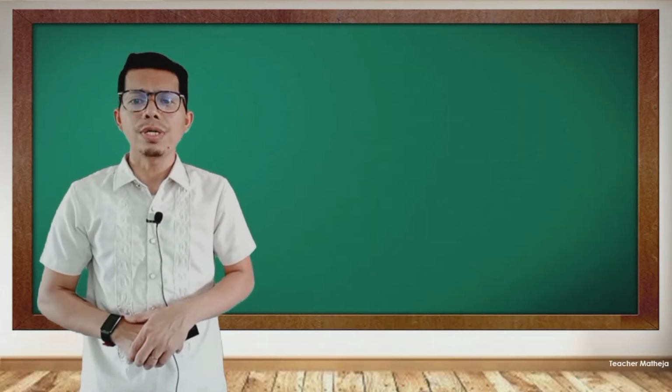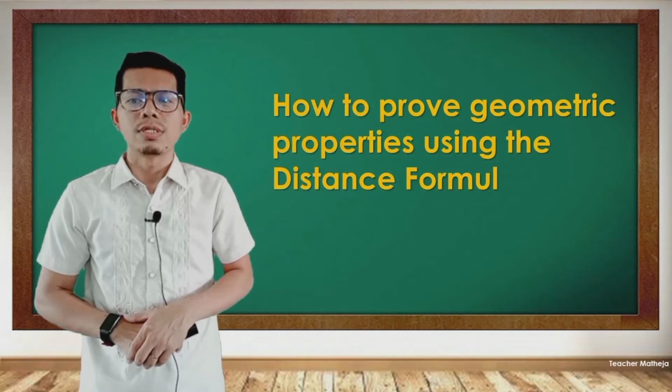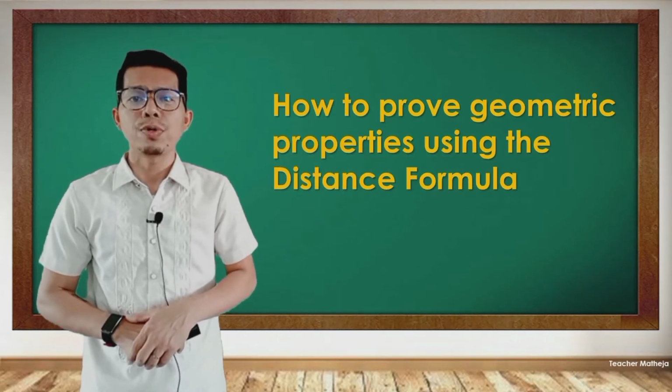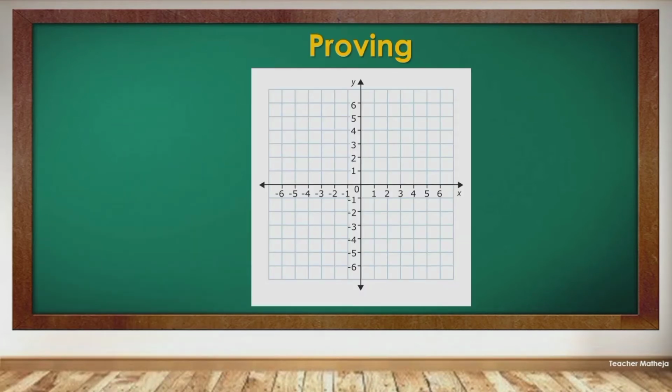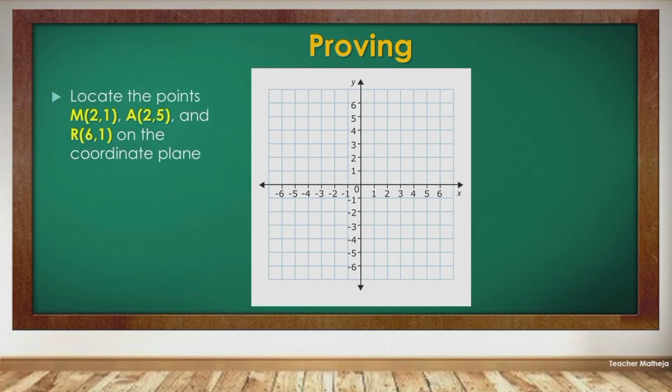Now, how are we going to use the distance formula in proving some geometric properties? Let us have this example. Let us use the problems in your previous activities. So first, locate the points M, A, and R on the coordinate plane.